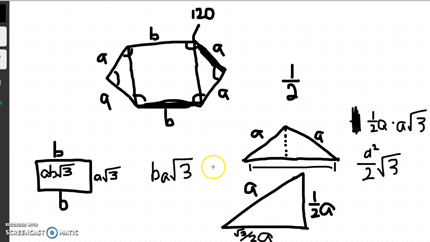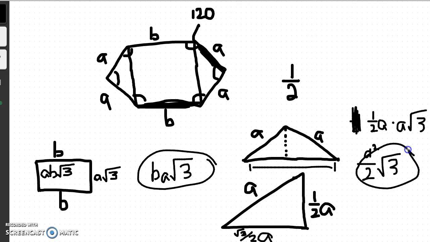And so the area of the whole shape is BA root 3 plus A squared over 2 root 3. I'm going to check the answer now because I think I did that right. A squared root 3 over 2 plus AB root 3.